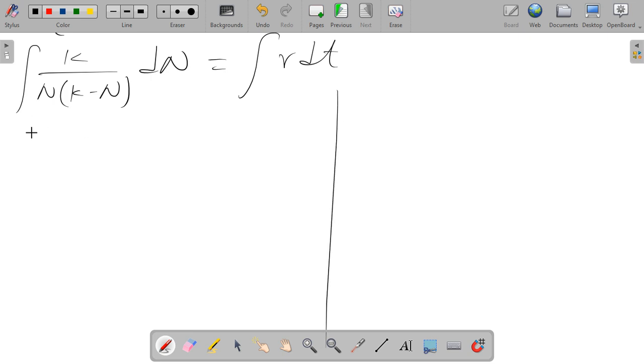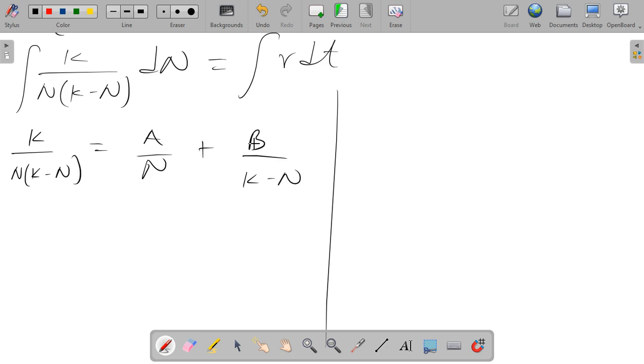So partial fraction, I'm having K over N times K minus N is equal to, say, A over N plus B over K minus N. Why? Because this is linear, so the numerator is going to be a constant. I have a video on partial fraction, you can watch it if you don't understand.